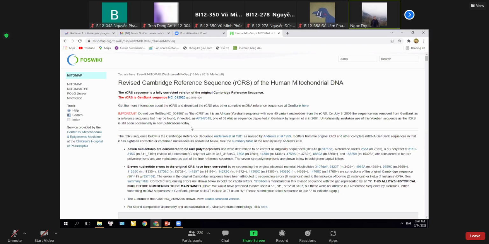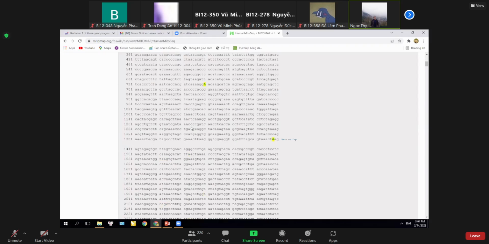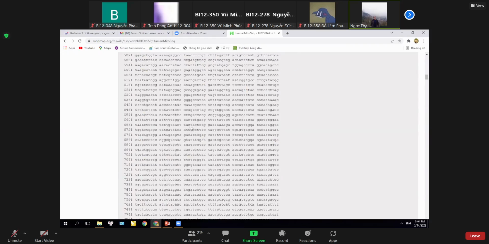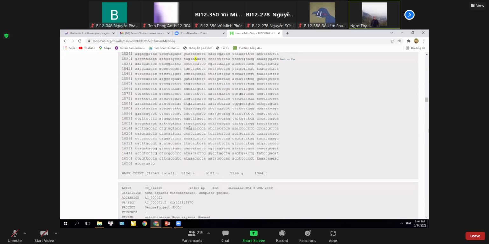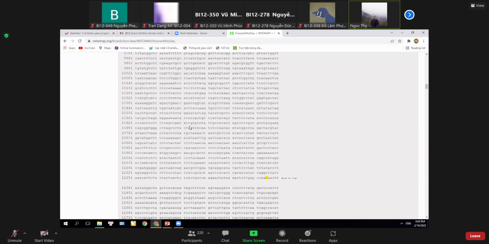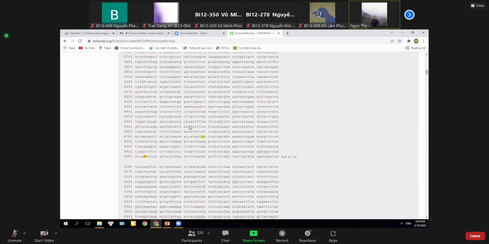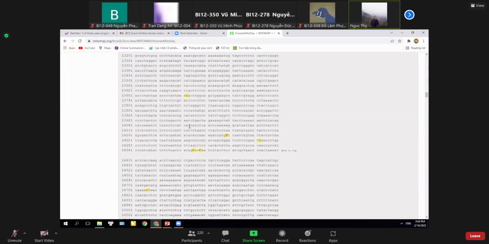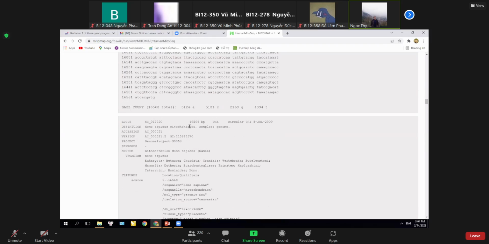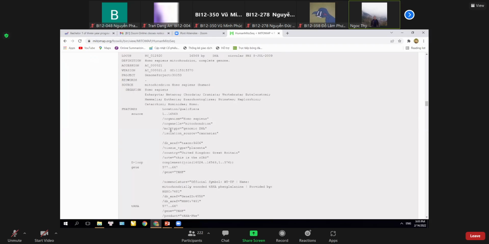Here they have provided the whole sequence of the genome, more than 16 kilobases of the human mitochondrial genome, and also annotations of different regions. Annotated means the explanation of the meaning of each region of the genome is here.